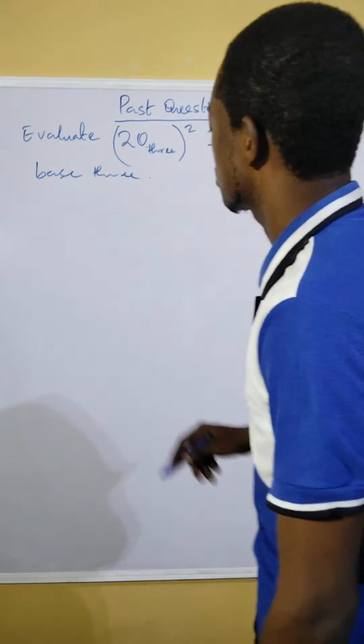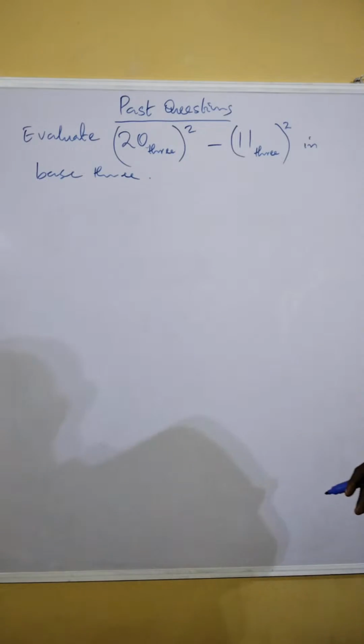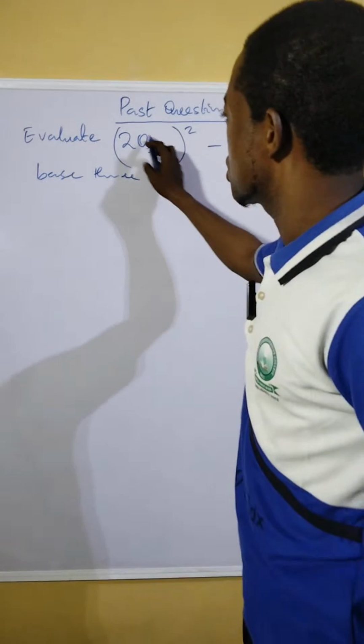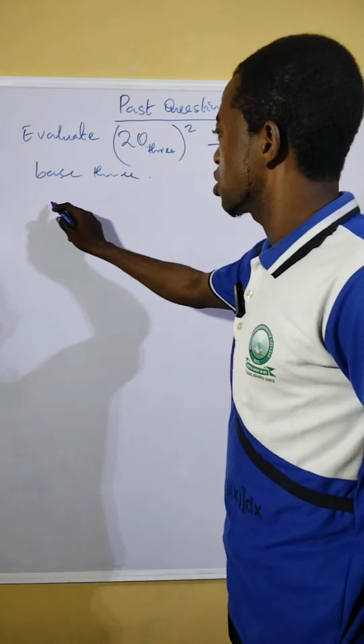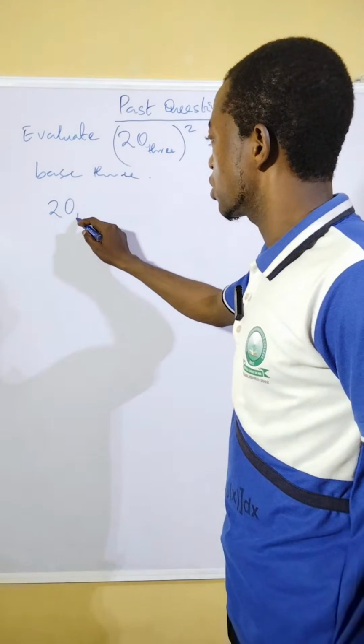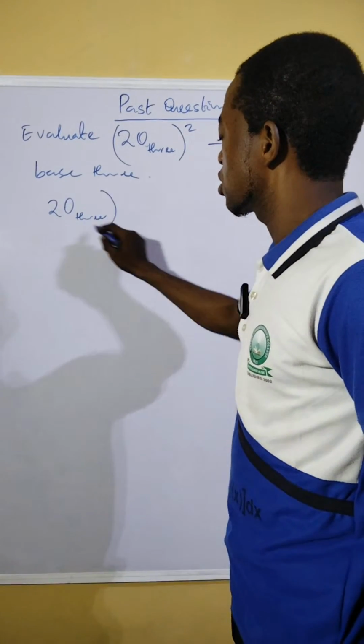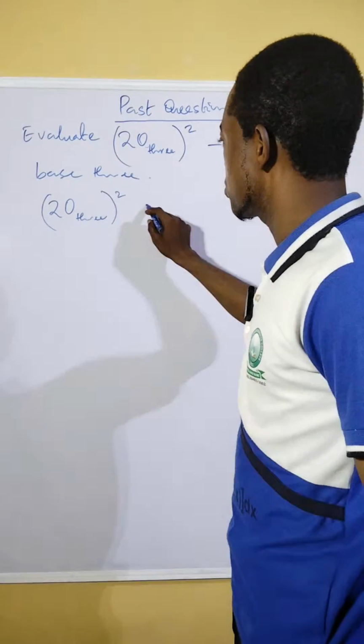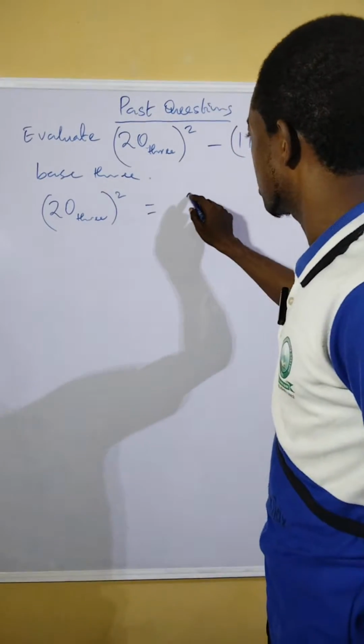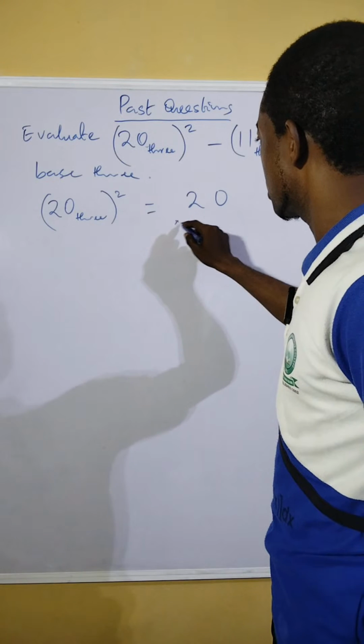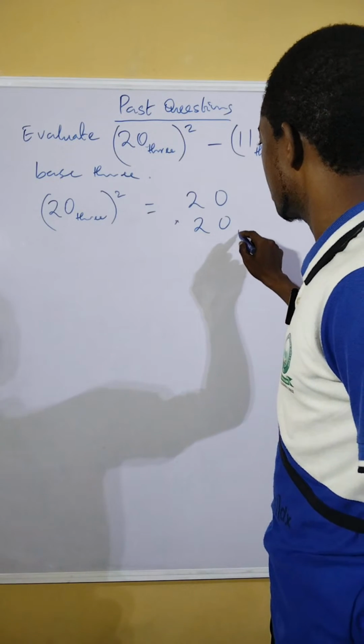So we have to evaluate this. We can treat this first: 20 base 3 square. When we square a number, it means the number multiplies itself. So we can say this is 20 times 20 in base 3.